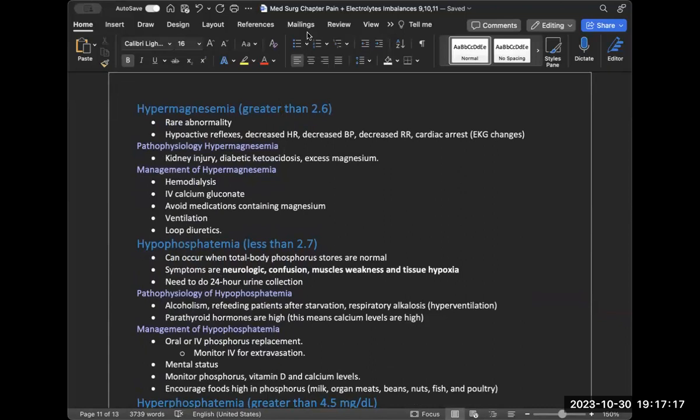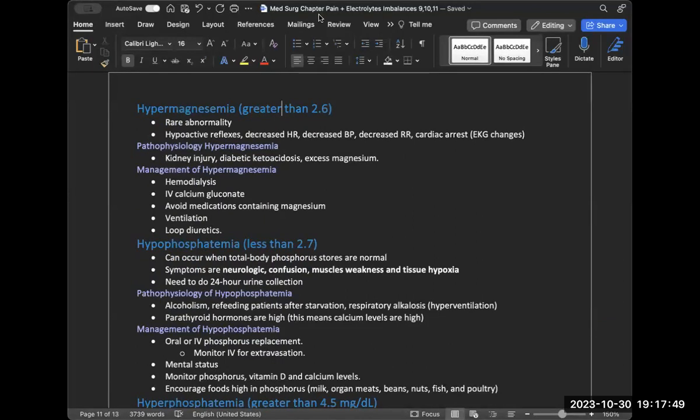Hypermagnesemia, or a level of magnesium greater than 2.6, has the same exact symptoms as hypercalcemia. So as we said in hypercalcemia, that constipation, the kidney stones, the muscle weakness, the excessive urination, all of that stuff, that's the same symptoms in hypermagnesemia. Whereas for hypocalcemia, where we had the CATS GO NUMB mnemonic of the convulsions, arrhythmia, tetany, seizures, that is the exact same as low magnesium levels, same signs and symptoms.